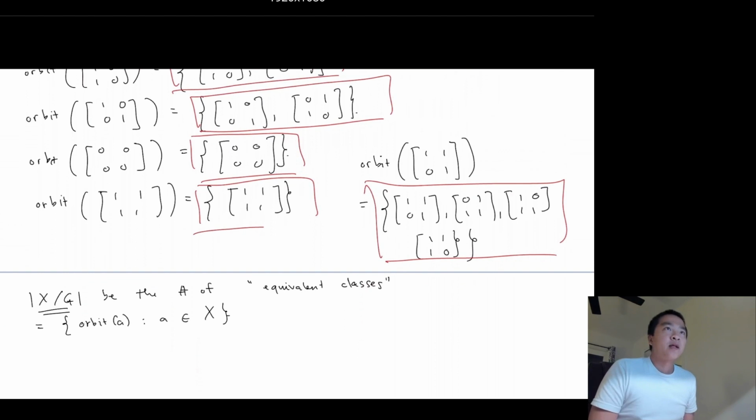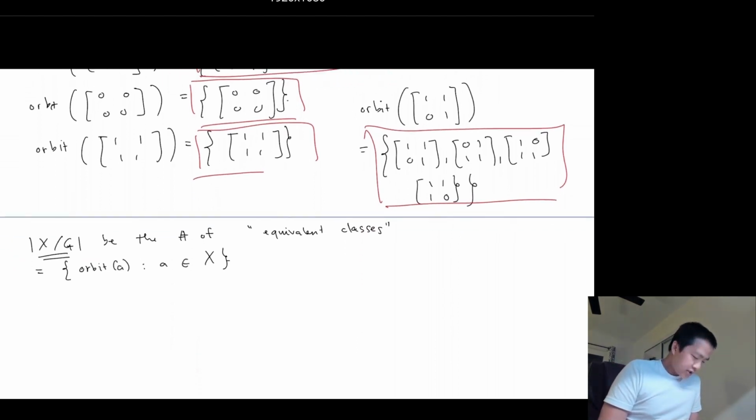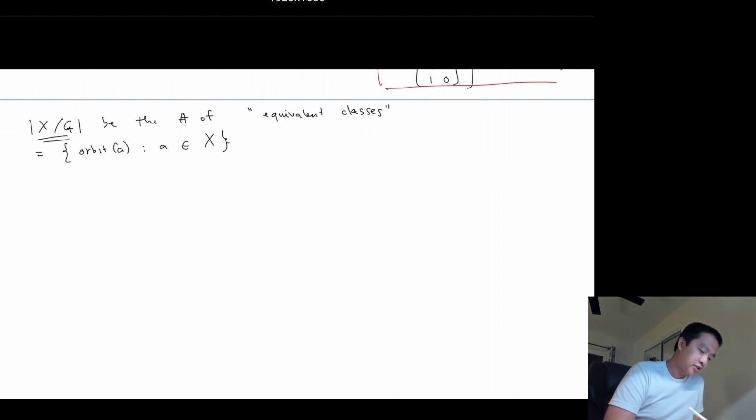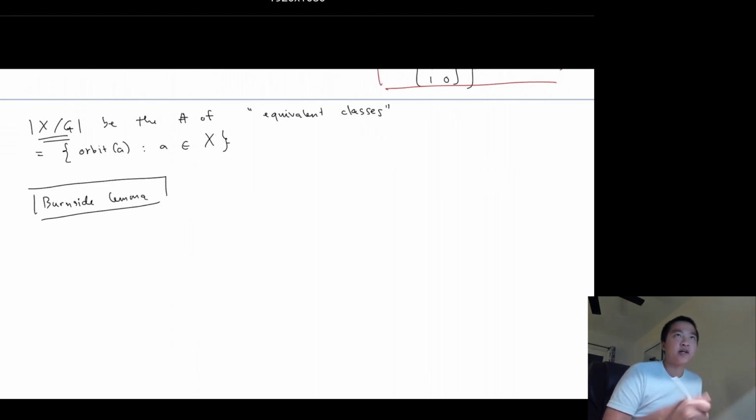Okay, so here's what's important. This is called the Burnside lemma. This is the key idea to solve this counting problem. The proof is not too difficult. You can read it in the link below the video.